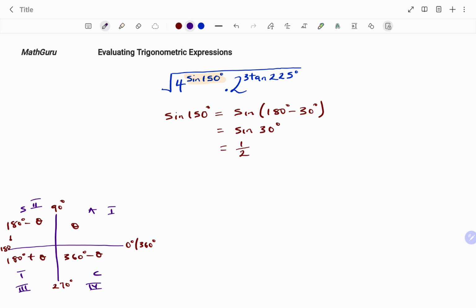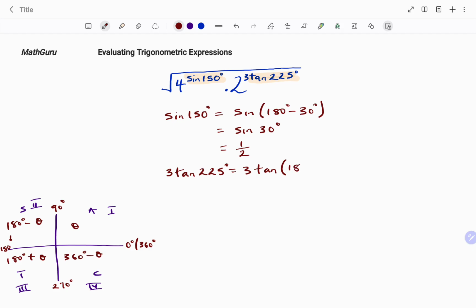I'm going to do the same for my 3 tan 225. So if I break down 3 multiplying the tan of 225 degrees, that will be equal to 3 times tan of 225 degrees, which falls in the third quadrant. In the third quadrant, tan is positive, and the code for reduction will be 180 degrees plus theta.